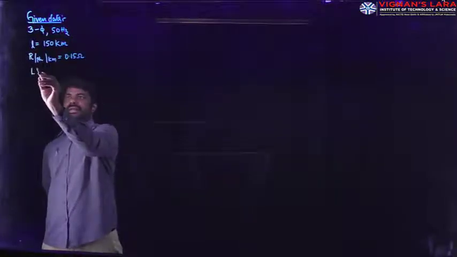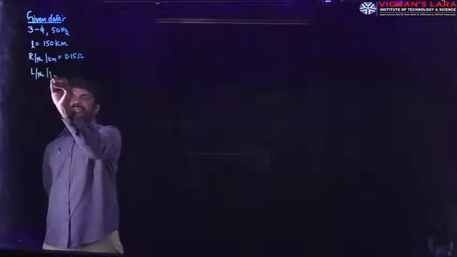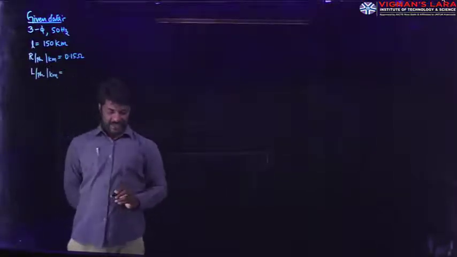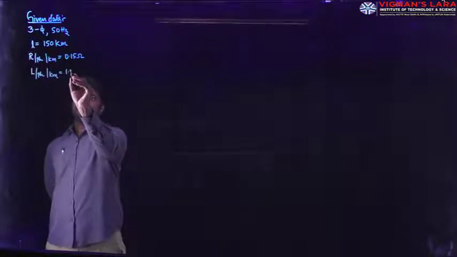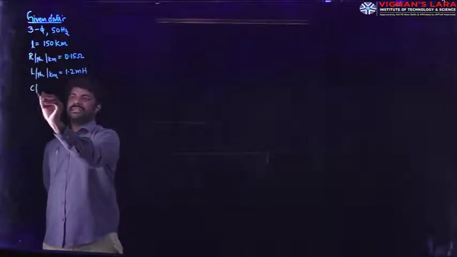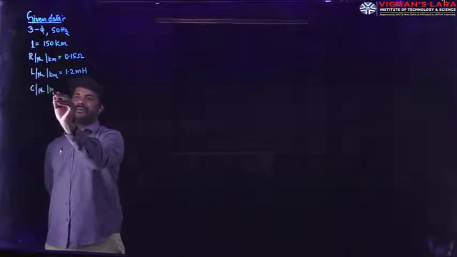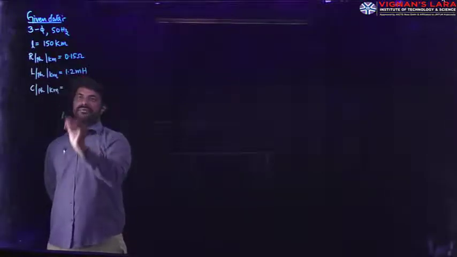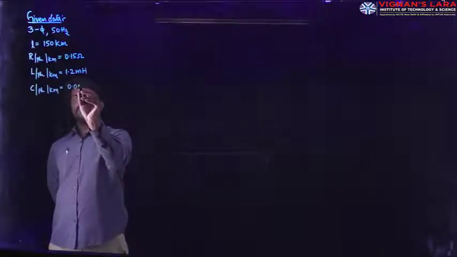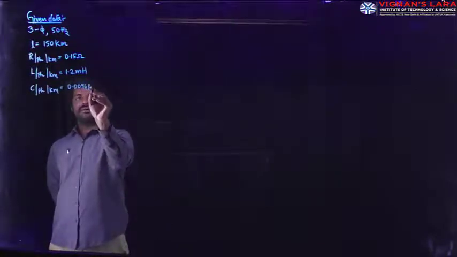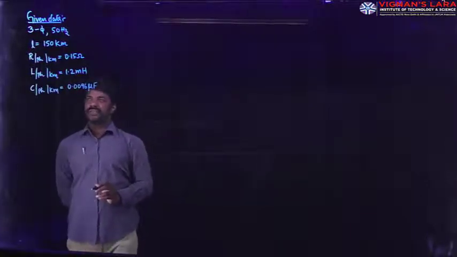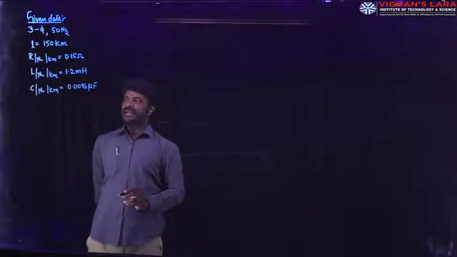Similarly, the inductance per phase per kilometer is 1.2 millihenries, and the capacitance per phase per kilometer is 0.0096 microfarads. These are the line constants, given as series impedance and shunt admittance.